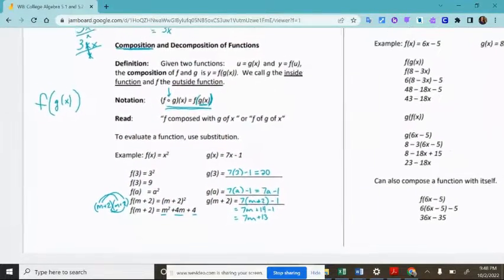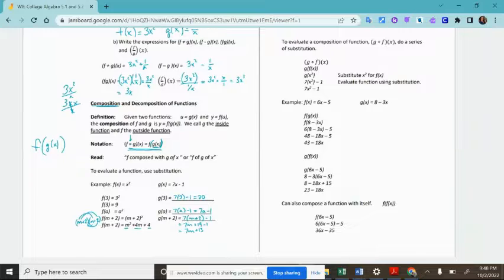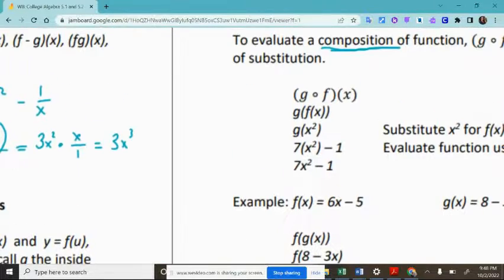Okay, so now we have some different parts, but now this is where they're going to start making us do things where we put those two together. We put the f and the g together. It says to evaluate a composition function, g following f, we're going to do a few different substitutions. So g following f means take out the x in the g and plug in the whole f of x function.